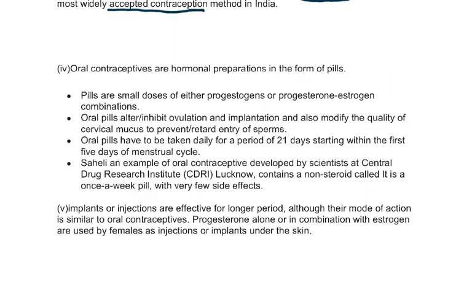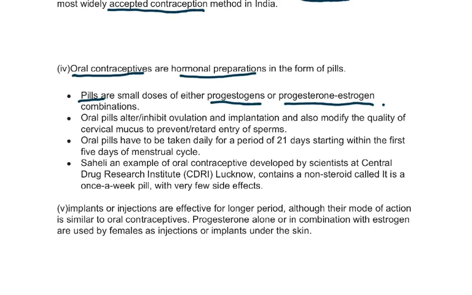The next method is the use of oral contraceptives, or hormonal preparations. These are commonly known as contraceptive pills. They contain a hormone like progesterone or a combination of progesterone and estrogen.